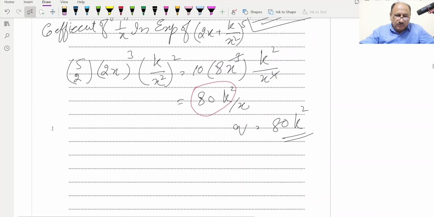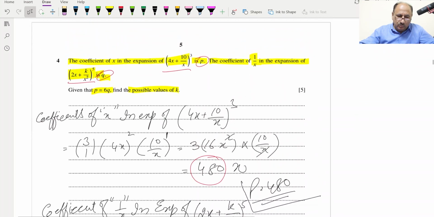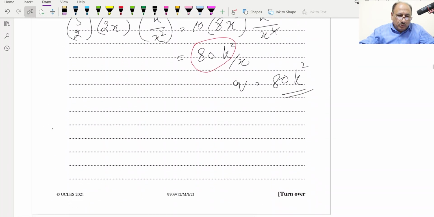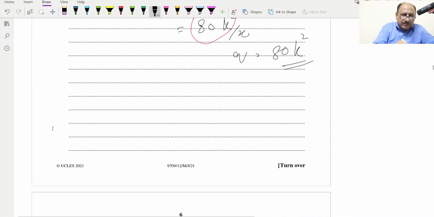Now by the condition of the question, p is equal to 6q. P is 480, and q is 80k squared, multiplied by 6.